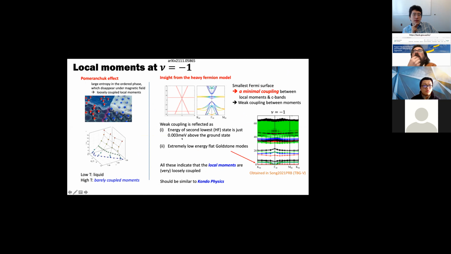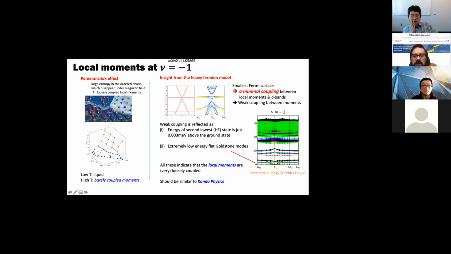So at the magic angle, I think you certainly get, I'm not sure if you can go the other way. Certainly at the magic angle, what you say is true. You get local moments, and then you get some conduction electrons, and then at some fillings, they're loosely coupled.